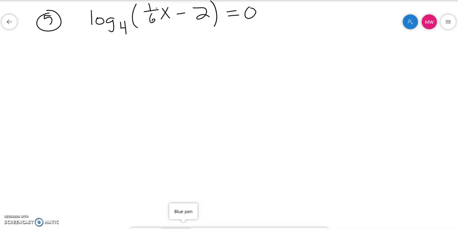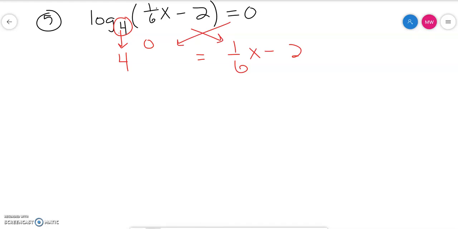So to get rid of a log, you change it to an exponent. So we're going to start with the base here. I'm going to bring that down. It's going to be 4 to the 0 power equals 1 over 6x minus 2. When you switch from a log to an exponent, you always bring that base straight down, and then everything else rolls over to the opposite side.